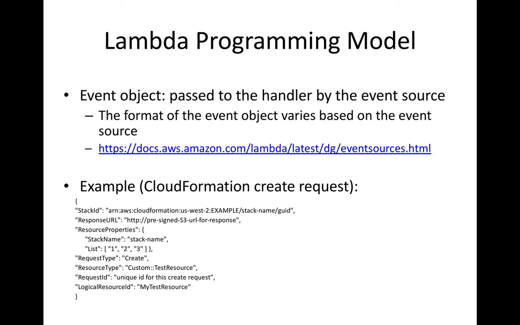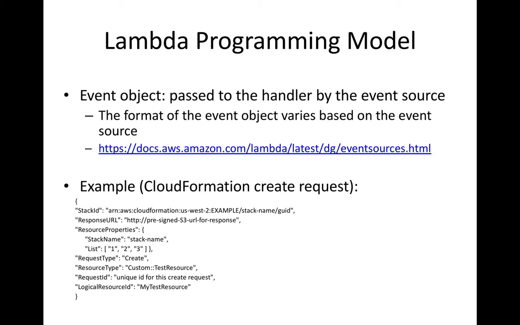The event object is going to be passed to the handler function by whatever event source is triggering the Lambda function. And the format of this event object can vary greatly depending upon what type of event source is triggering the Lambda.